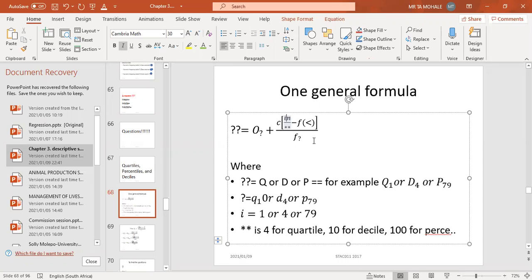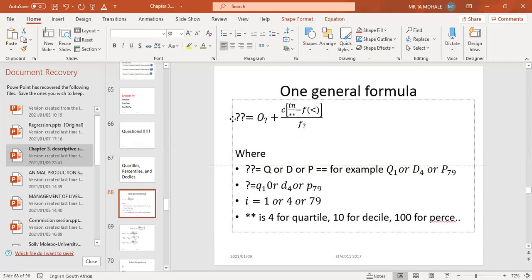Do you understand this formula? I'm sorry, can you repeat the formula again? Okay. The question marks, this is a general formula for deciles, percentiles, and quartiles. Wherever you see the question mark throughout this formula, both on the left and on the right hand side, you are going to write whatever you are calculating.